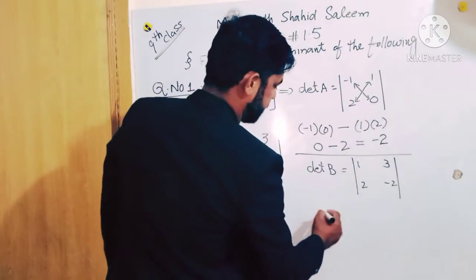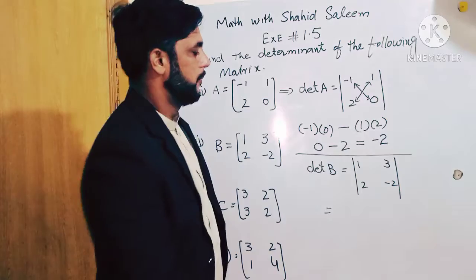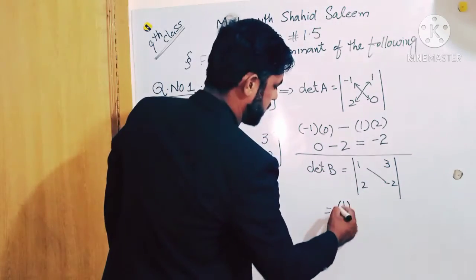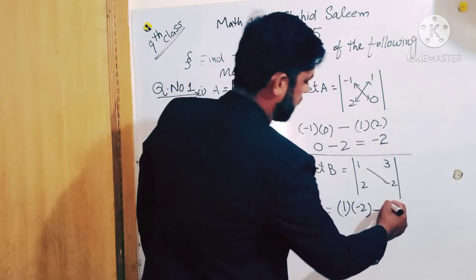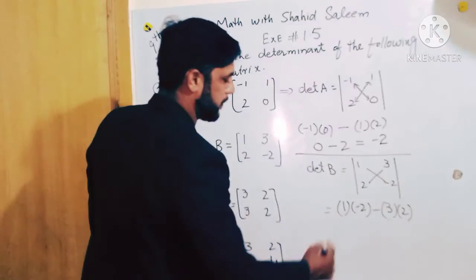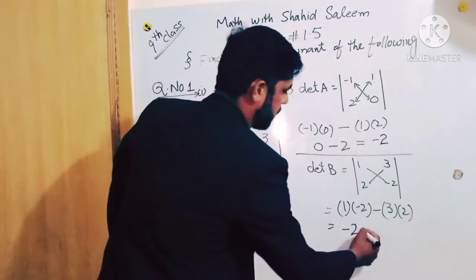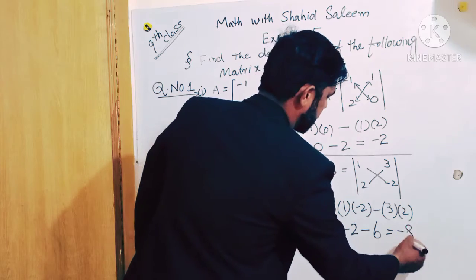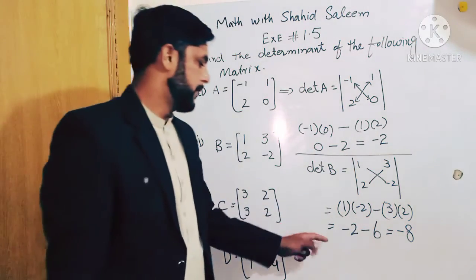To find the determinant we multiply cross elements of each matrix: 1 into -2 minus 3 into 2. Cross elements are multiplied. So -2 minus 3 2s are 6 equal to -8, which is the answer of determinant of B.